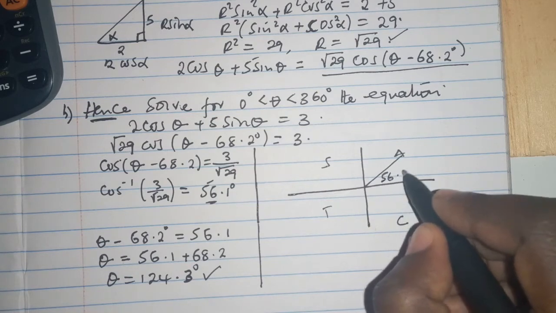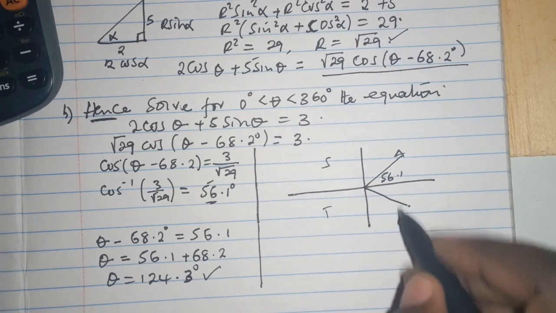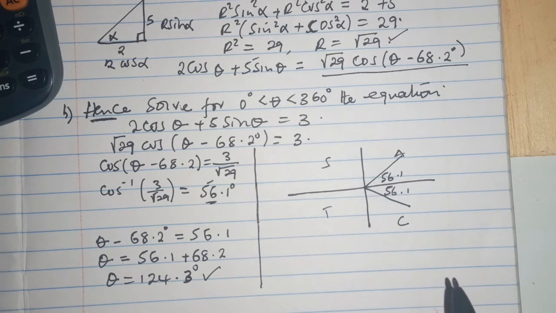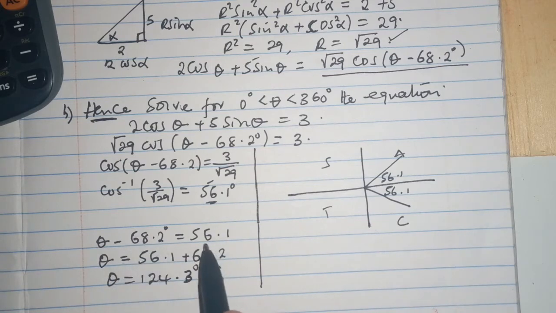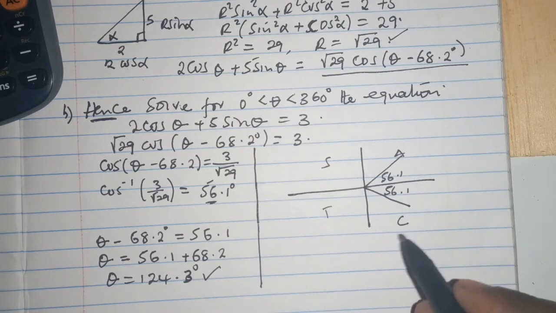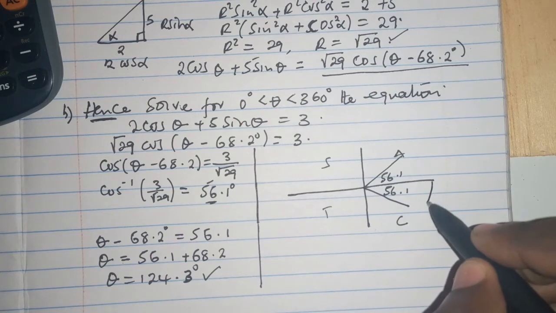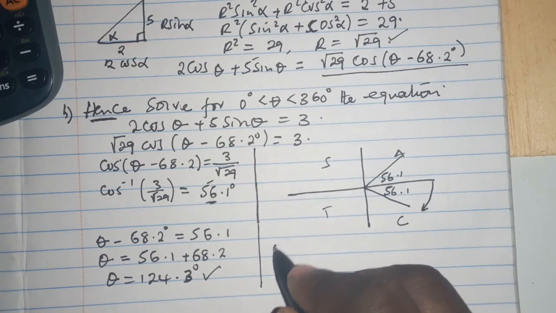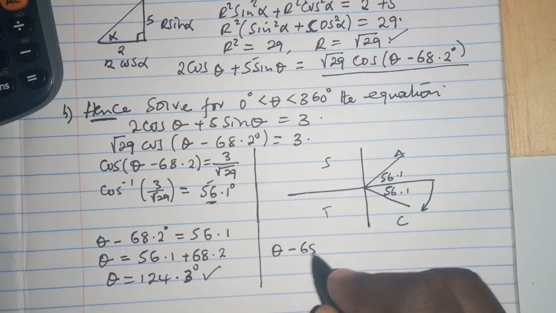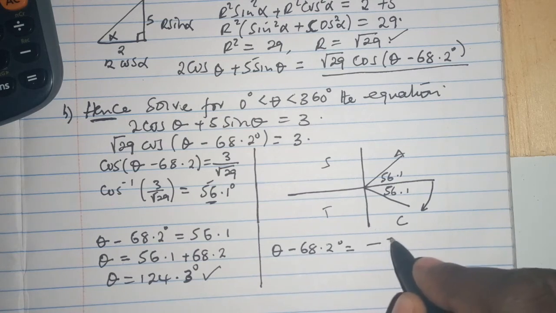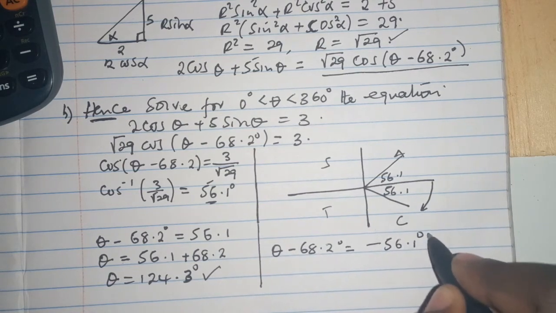This is 56.1, and cosine is also in the fourth quadrant, 56.1. Because there is an operation of adding 68.2 here, which is greater than 56.1, it would have been possible that the angle is also negative. It could also be possible that theta minus 68.2 degrees is negative 56.1 degrees.